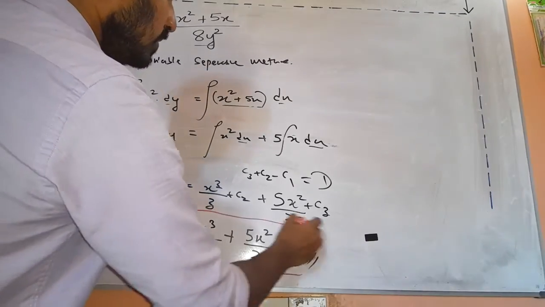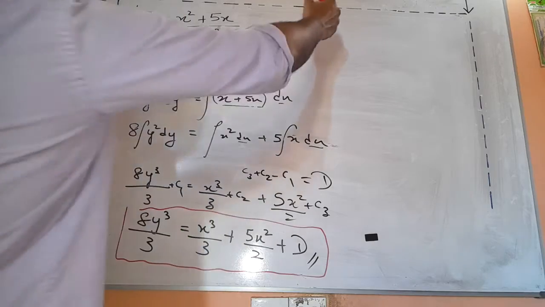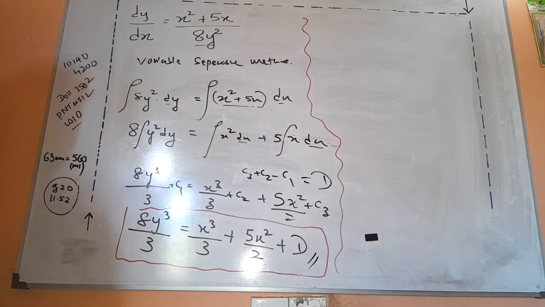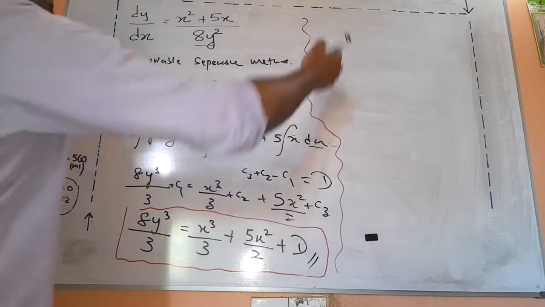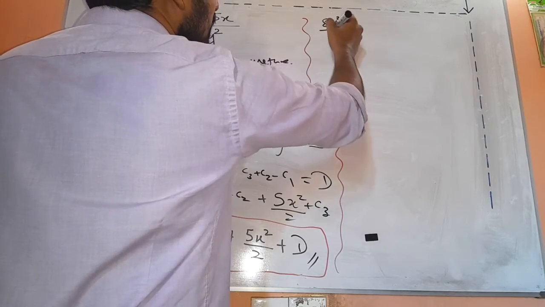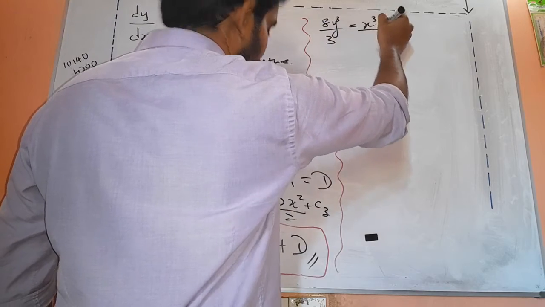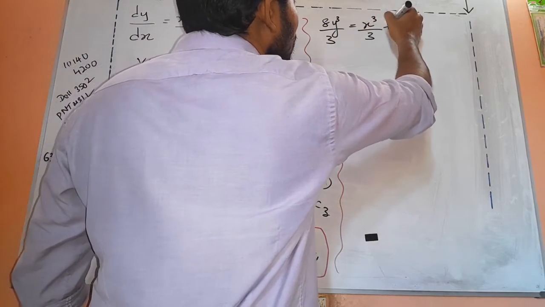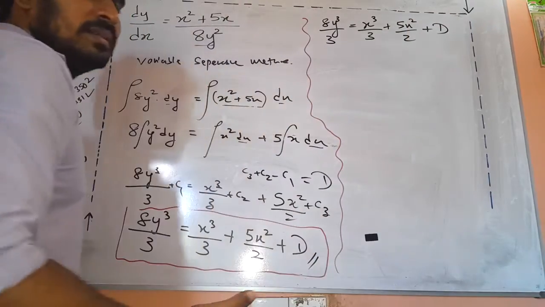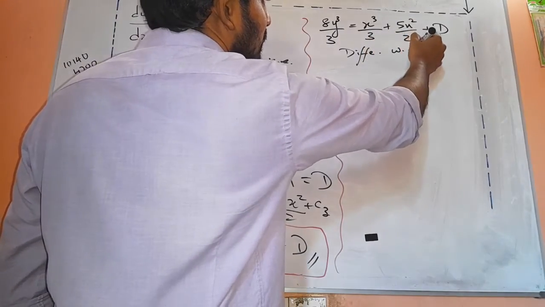If you want to confirm that, we can differentiate this. Let's do that on the other side. This is the function we have: 8y cube divided by 3 equals x cube divided by 3 plus 5x square divided by 2 plus some constant D. Now you can differentiate this with respect to x.